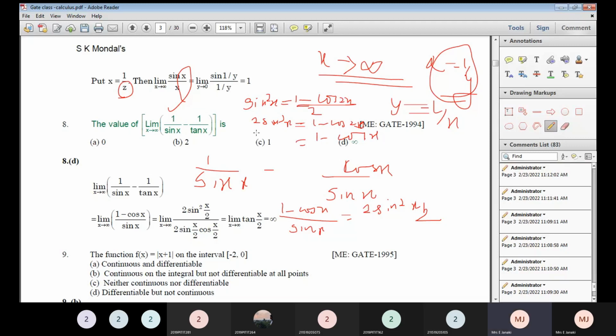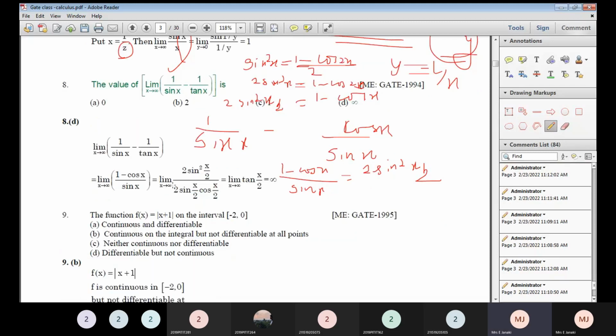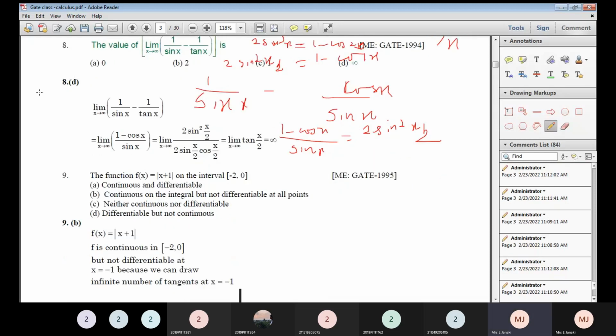So the numerator term, 1 minus cos x, becomes 2 sin square x by 2. At the same time, you have to write the denominator also in terms of x by 2. Now apply the sin 2a formula.